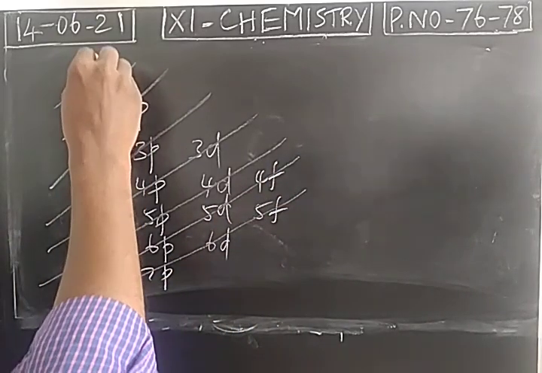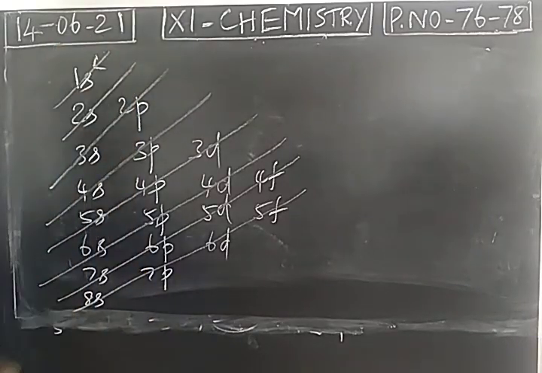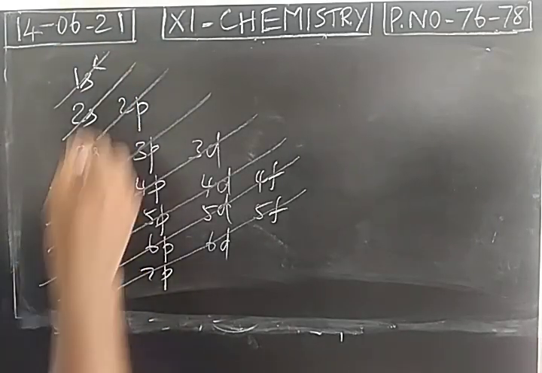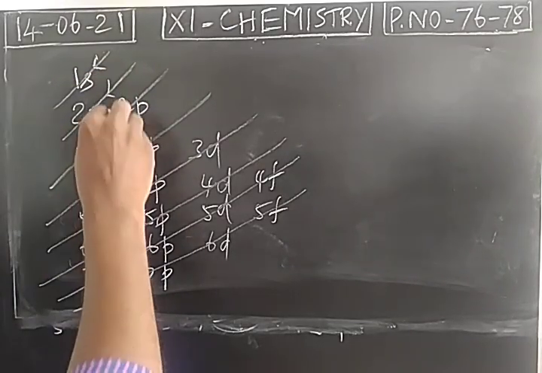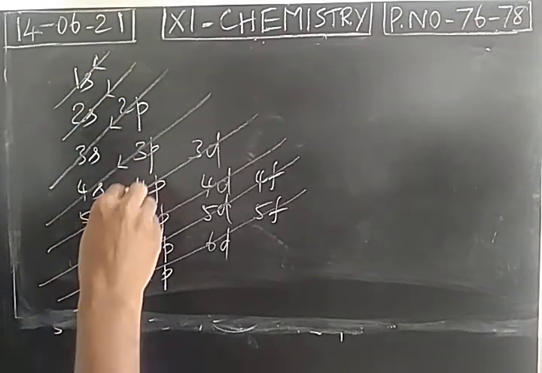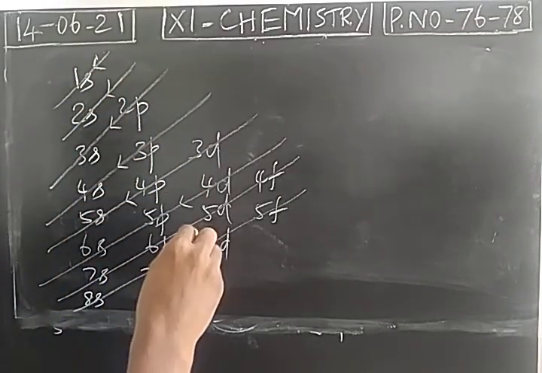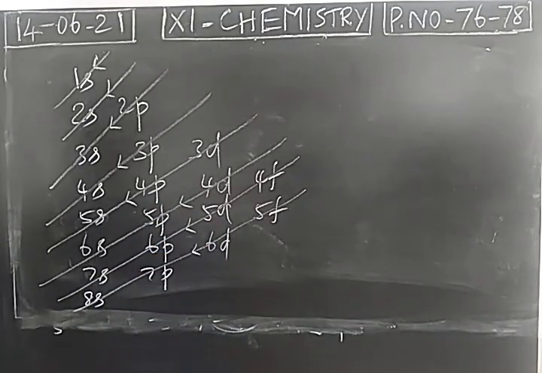So the arrow mark is pointing towards the downward side. Remind the direction of the arrow mark. It is in downward direction. So from this diagram, we are getting the correct order of energy of orbitals. Increasing order of energy of orbitals can be found.